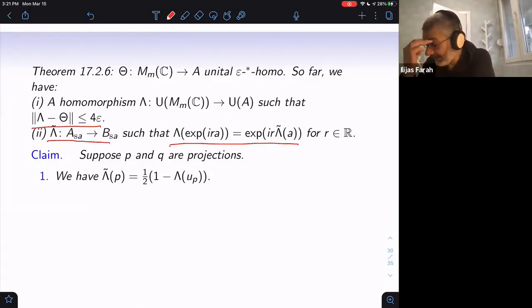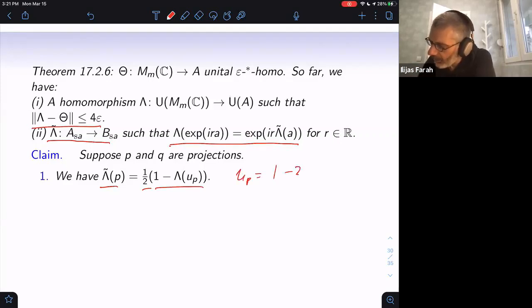And now here is the key claim. If we have projections P and Q, then actually, if we just have one projection for now, lambda tilde of P is 1/2 (1 minus lambda of U_P). U_P is 1 minus 2P.